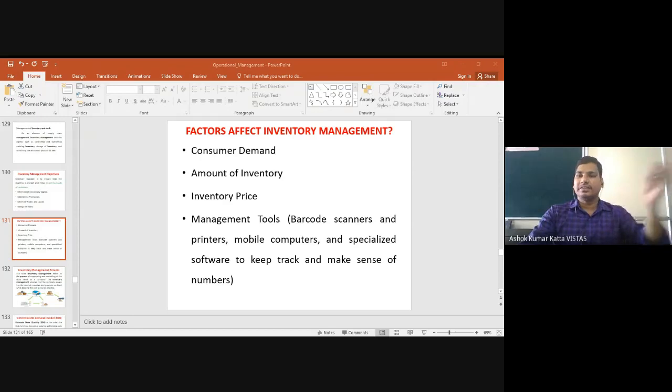The moment inventory comes, we immediately pass it on to the production department for manufacturing. So in this situation, the inventory manager will buy 6 months or 7 months worth of material, because there is immediate demand and dispatching.